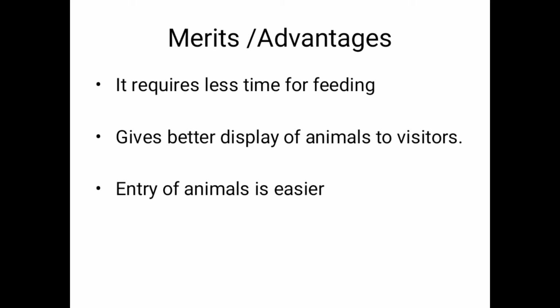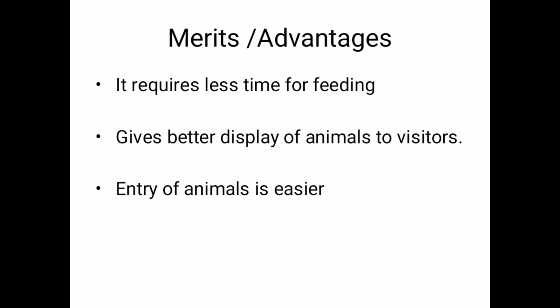Now, what are the advantages of this system? Each system has its advantages and disadvantages. There is not a single system which is absolute without demerits. So, first of all, we will see what are the advantages of head to head system.